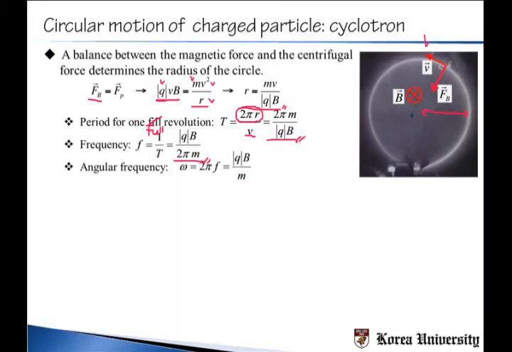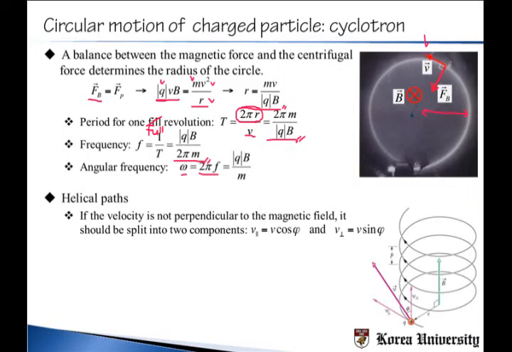And how about angular frequency? Angular frequency is similar to the frequency, but if frequency is about how many times, angular frequency is about how much angle. One repetition corresponds to 360 degrees or 2 pi. So simply multiply 2 pi by the frequency, and you will get the angular frequency.